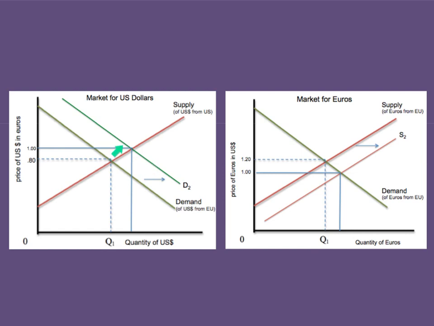So as demand for the US dollar goes up in terms of the price in euros, the supply of euros is actually going to increase in the marketplace as well, because they are taking these euros and changing them into dollars. So immediately, if they start buying dollars with euros, the supply of euros is going to go out.